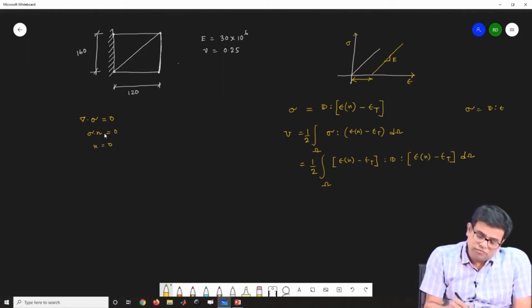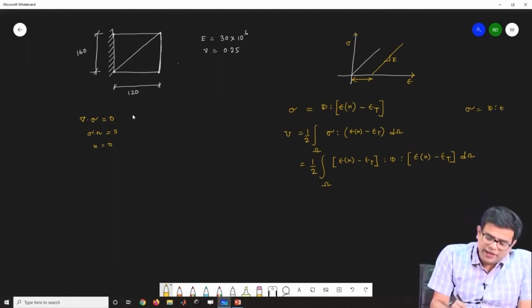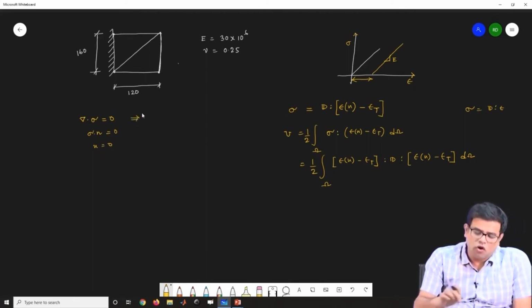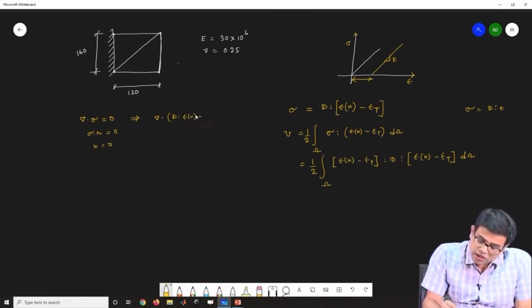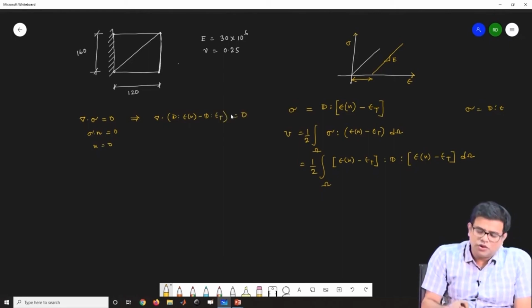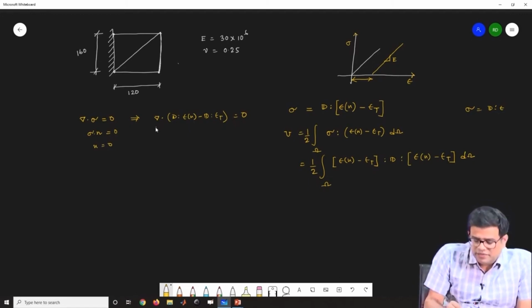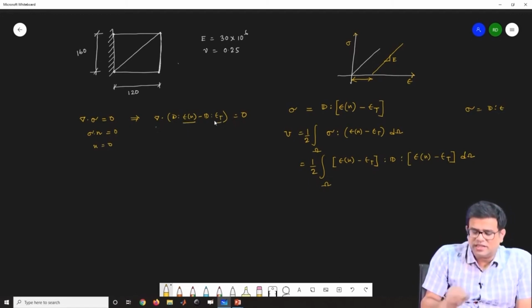Now we can modify this governing equation by putting in this constitutive relation, the stress strain relation. This can be written as del dot, if I substitute this, D colon epsilon u minus D colon epsilon t, equals 0. If you look carefully, this is my total strain and this is my thermal strain.